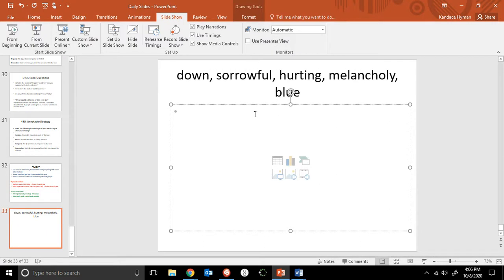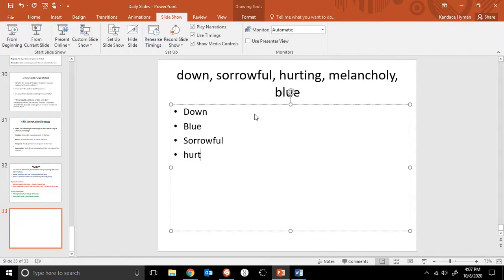So I'm just going to put them in order. The top being the least sad and the bottom being the most sad. So I might say, you know what, if I just say I'm down today, that doesn't sound that sad. Next, I think maybe blue. Now, which one sounds more sad than blue? Sorrowful.